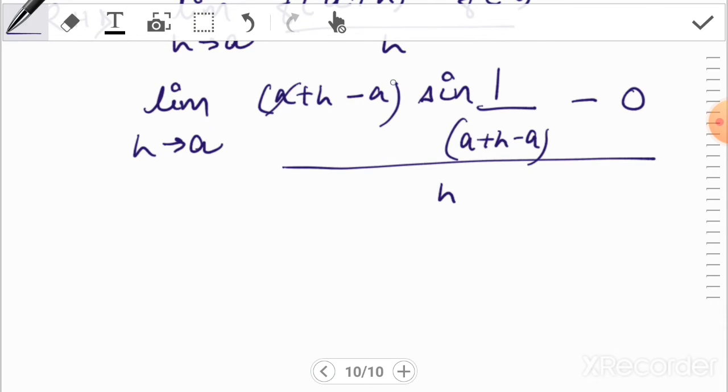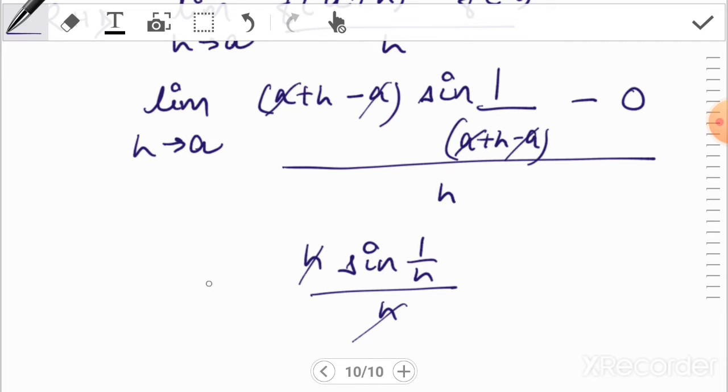So this gets cancelled. So this is h sine 1 by h divided by h, which is sine 1 by h.